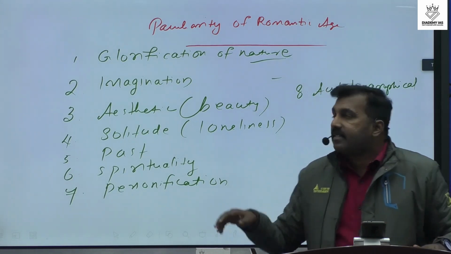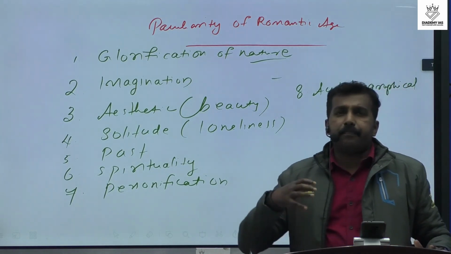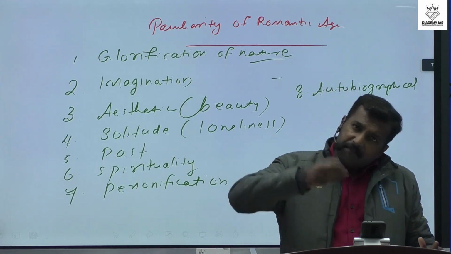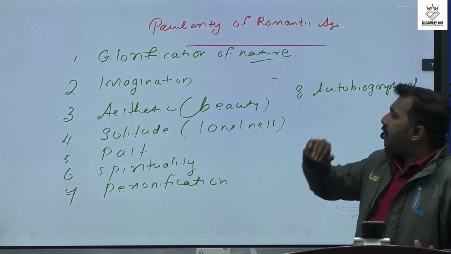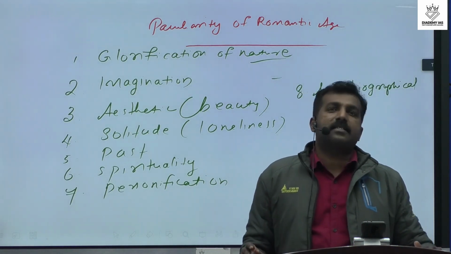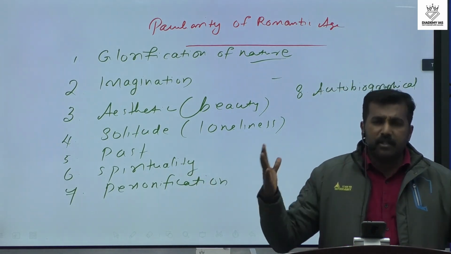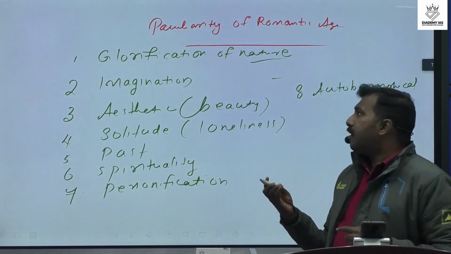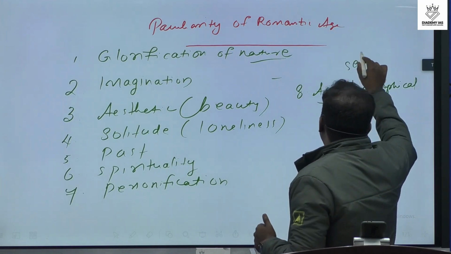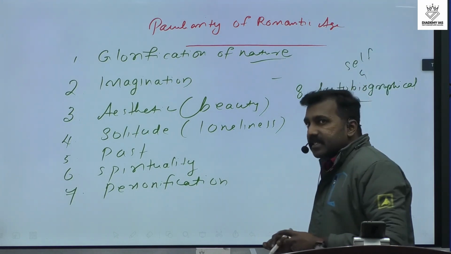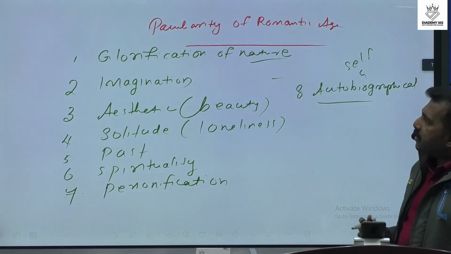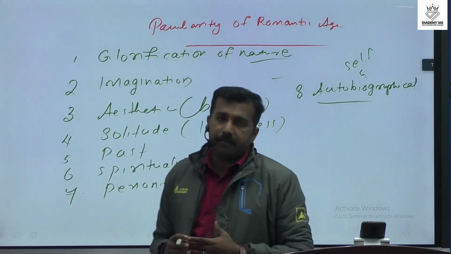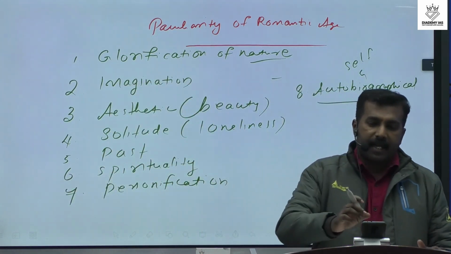So during the time of Romantic literary works, a lot of different types of works were autobiographical or self-based. So these are the common peculiarities of romantic literature in England.